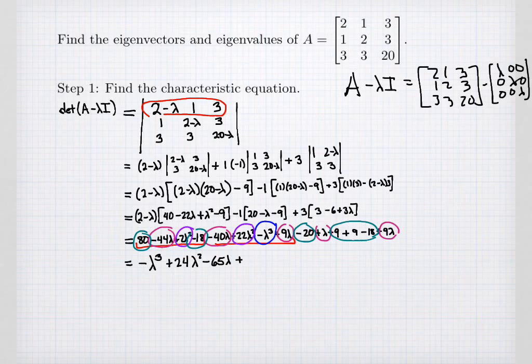So plus 42. So that's my characteristic polynomial, and I need to solve the equation negative lambda cubed plus 24 lambda squared minus 65 lambda plus 42 equals 0.